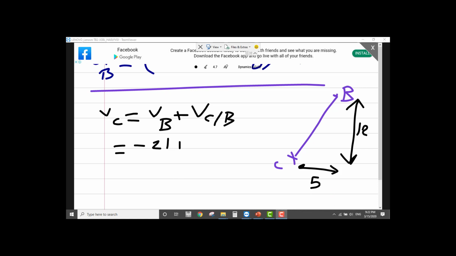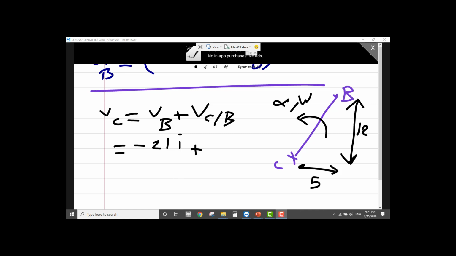Okay, this is minus 21 plus VC with respect to B, this is omega, and we should assume that this is the direction for alpha as well as for omega. This is an assumption. If it is wrong, then we will modify it.